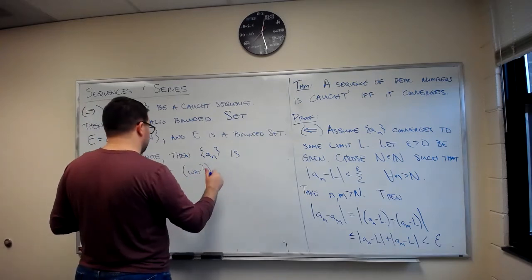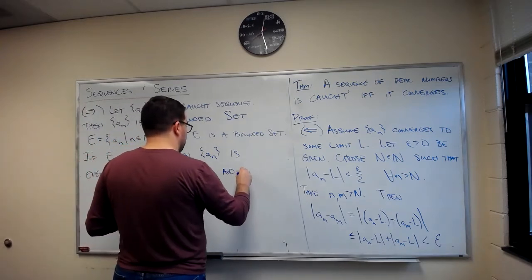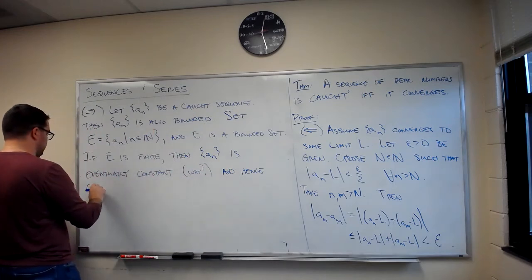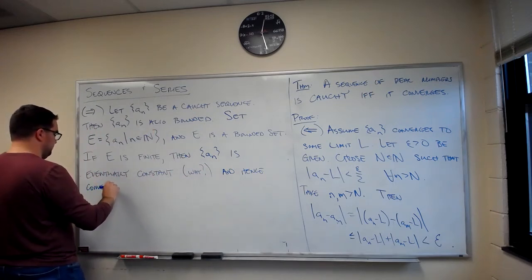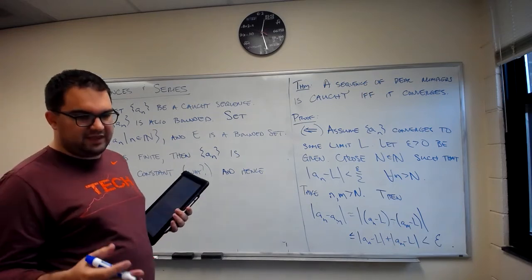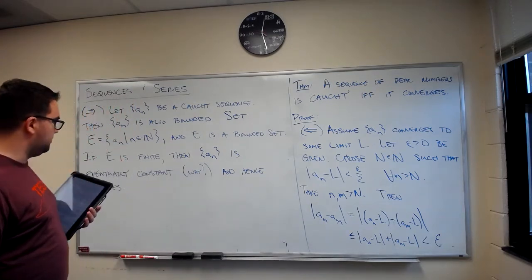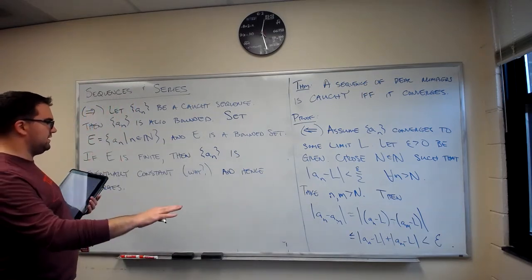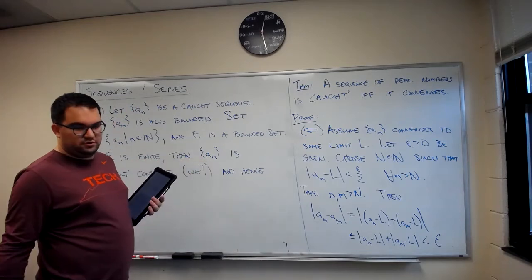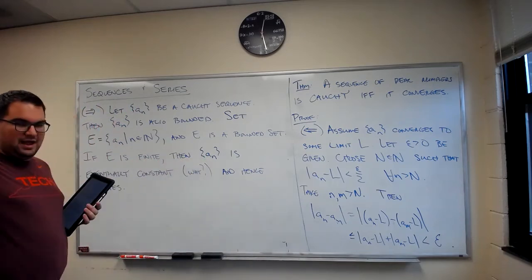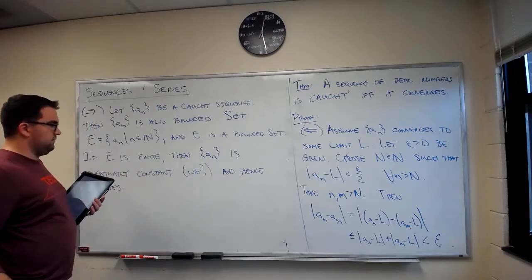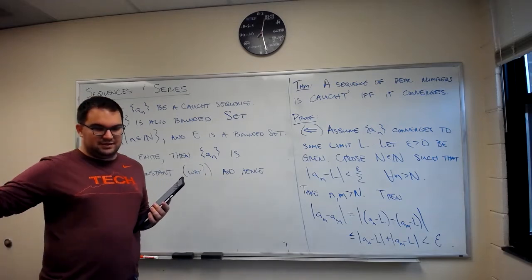So AN is eventually constant and hence converges. So, again, let's take some justification, and I'll have you work on this in the homework. But if there are only a finite number of outputs, then your sequence, since it's Cauchy, eventually has to just be one of them. And therefore, if it's eventually the constant sequence, then it converges.